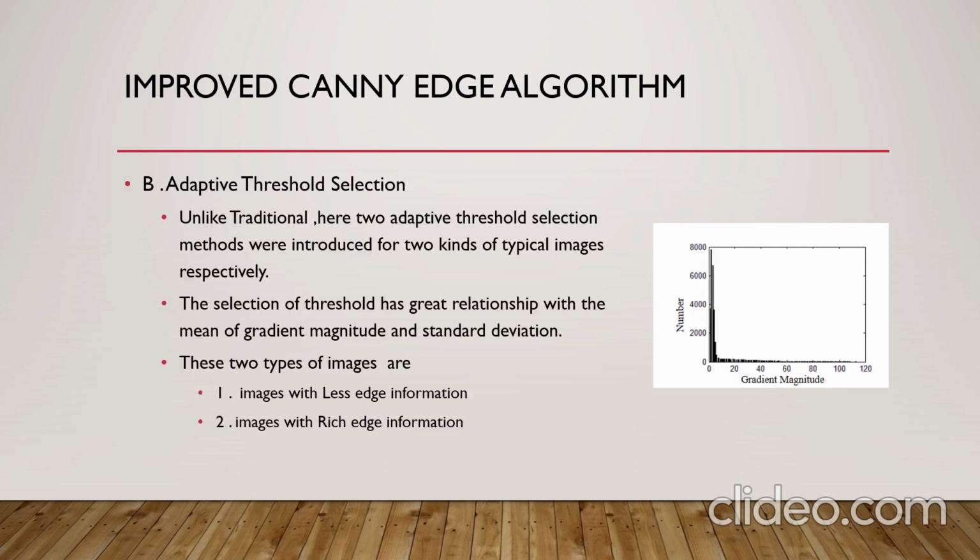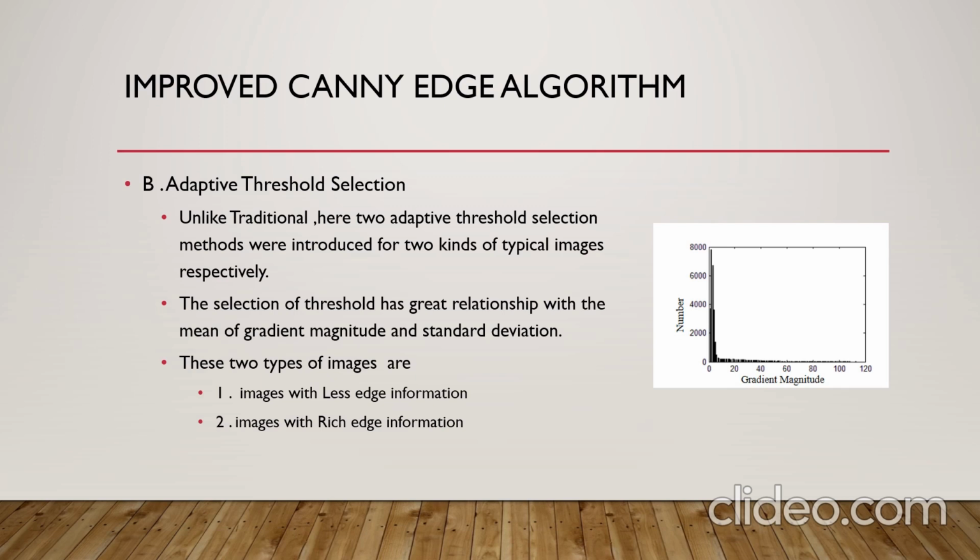The second improvement is adaptive threshold selection. Unlike the traditional Canny edge detection algorithm, here two adaptive threshold selection methods were introduced for two kinds of typical images. Basically, an edge is a region which has larger gradient magnitudes, so whether a pixel is an edge or not is decided based on a particular gradient magnitude value.